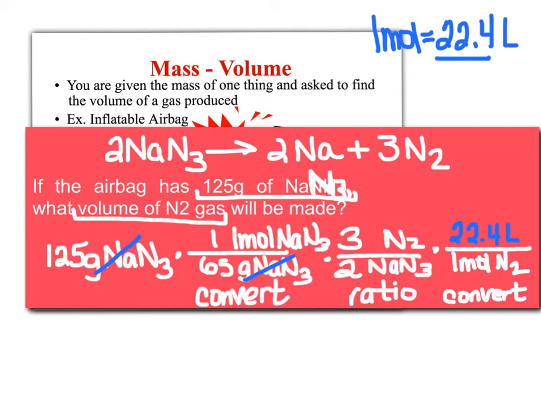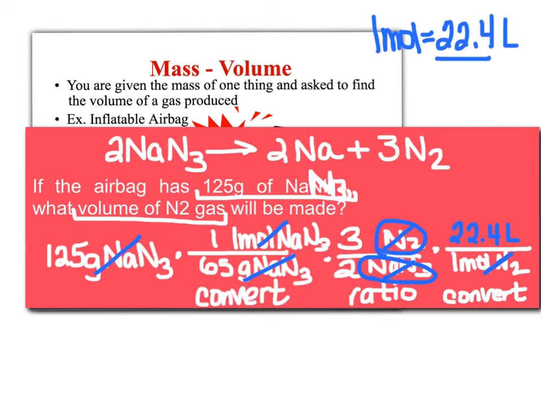We cancel our grams of sodium nitride. We converted to moles. We looked at our mole to mole ratio with the thing we knew on the bottom and the one we were looking for on the top. And finally, we converted from moles of nitrogen to the units they asked for, which in this case would be liters.